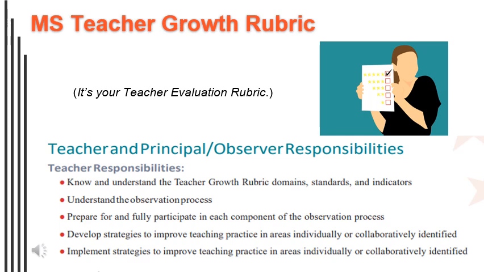You're also supposed to know and understand the observation process. You're supposed to prepare for the observation, and when you and your administrator identify an area in which you need to improve, you are to develop strategies to improve your teaching practice and then implement those strategies.